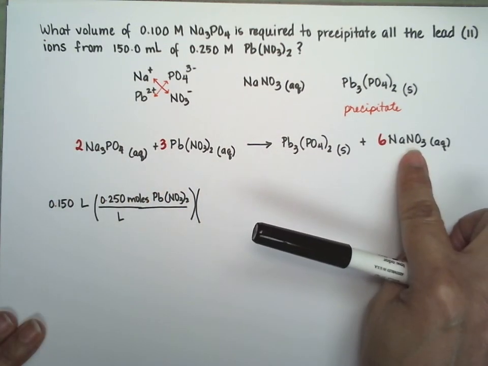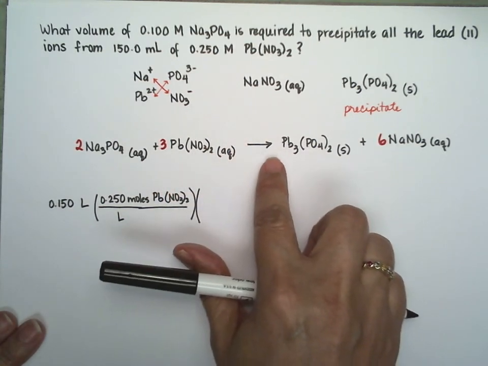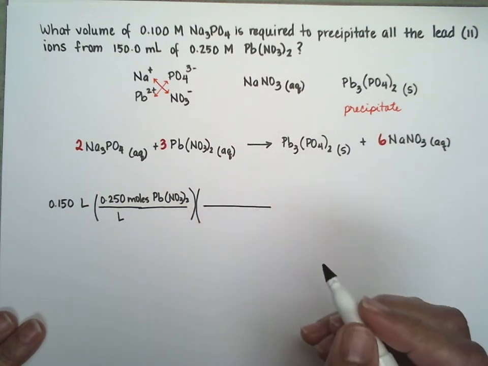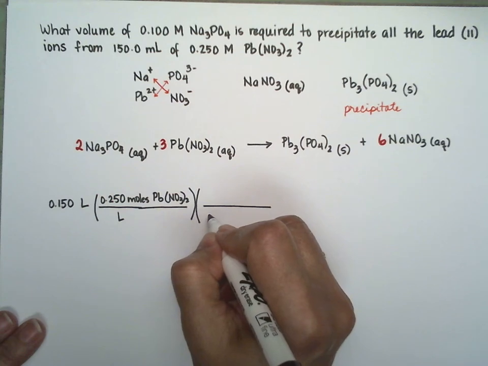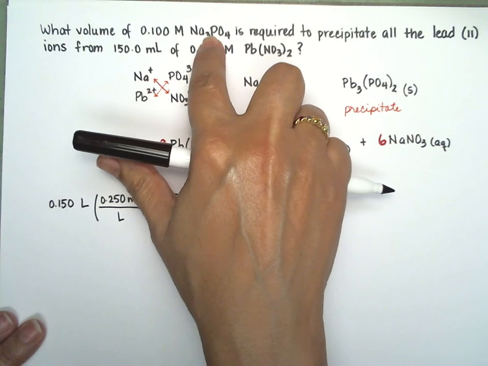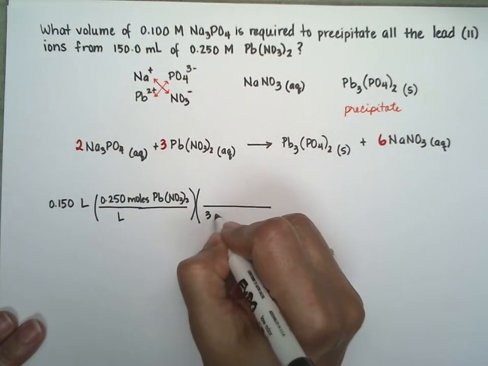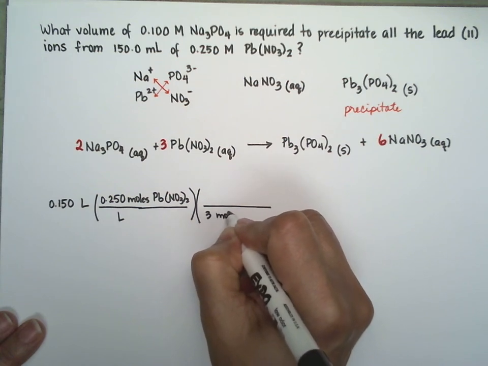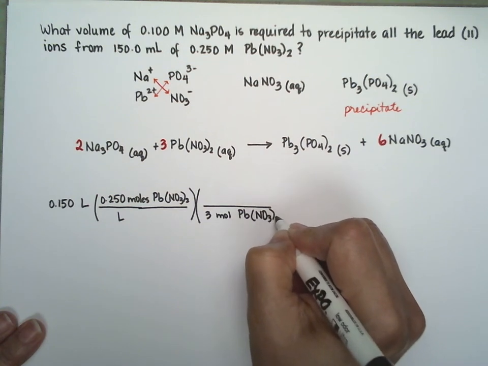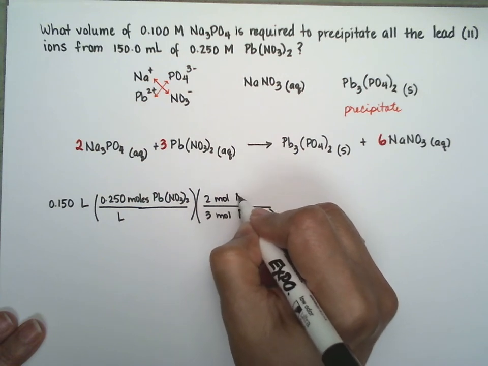We balance the equation, so we know that 3 of your lead nitrates are going to react with 2 of the sodium phosphate.